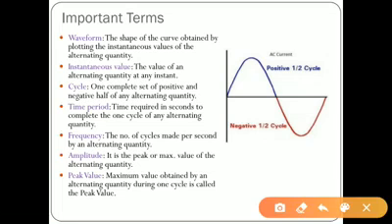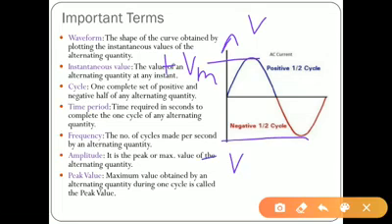So if we talk about the maximum value, if this is V, then this is Vm, or if we talk in one cycle, this is positive maximum and this is called minus Vm, which is negative maximum.